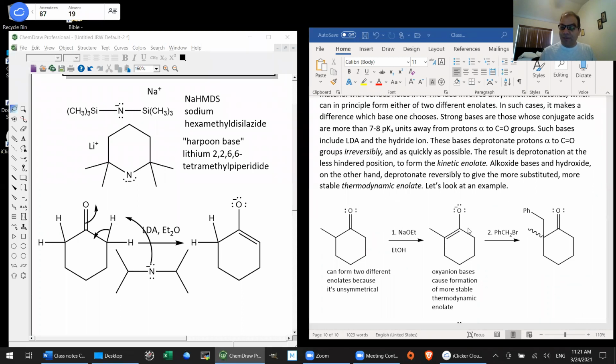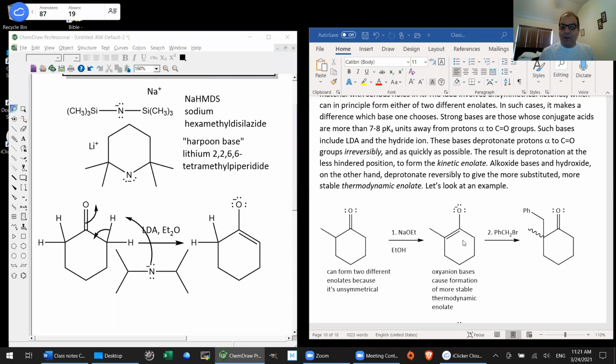Here we've got a tetrasubstituted carbon-carbon pi bond. And so deprotonating in the more hindered position is going to result in the thermodynamic enolate. And in order to do that, you want your base to be less strong. You want it to be an alkoxide base or maybe hydroxide. And so we'll talk about alkylations the next time.